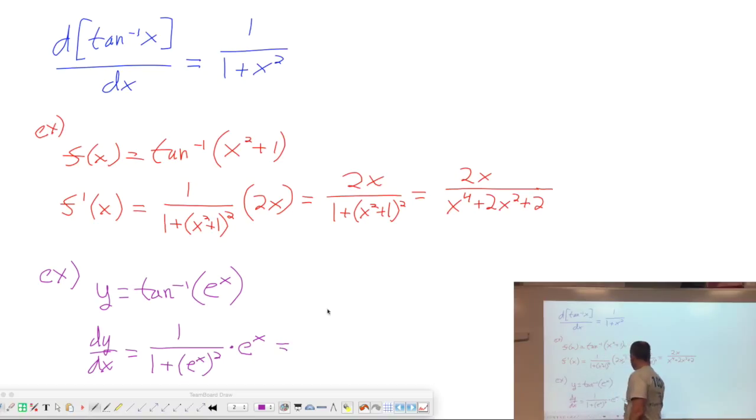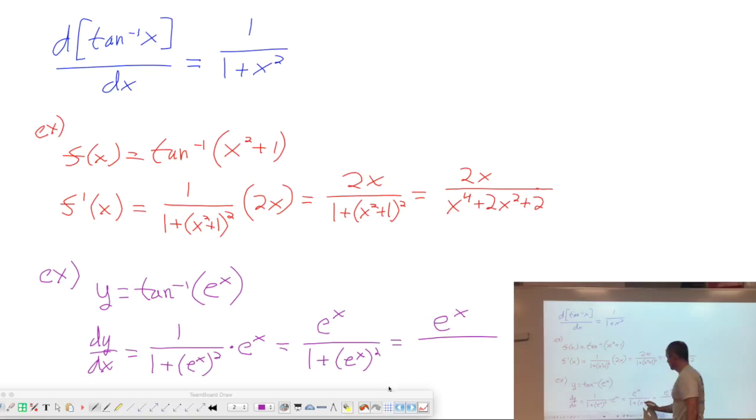So your final answer might look something like e to the x over 1 plus e to the x squared. More likely, they will apply the middle school rule of a power raised to a power, where you multiply the exponents, and that is 1 plus e to the 2x.